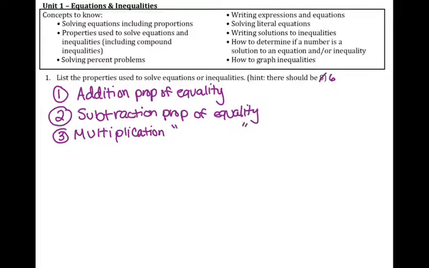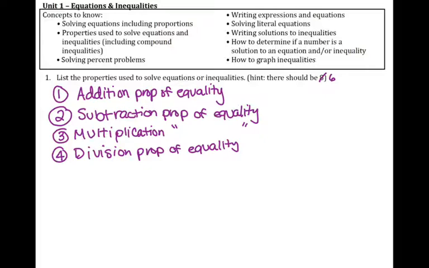Just going to put little quotations there so I don't have to rewrite it a million times. Multiplication property of equality. The next one, I also have the division property of equality.